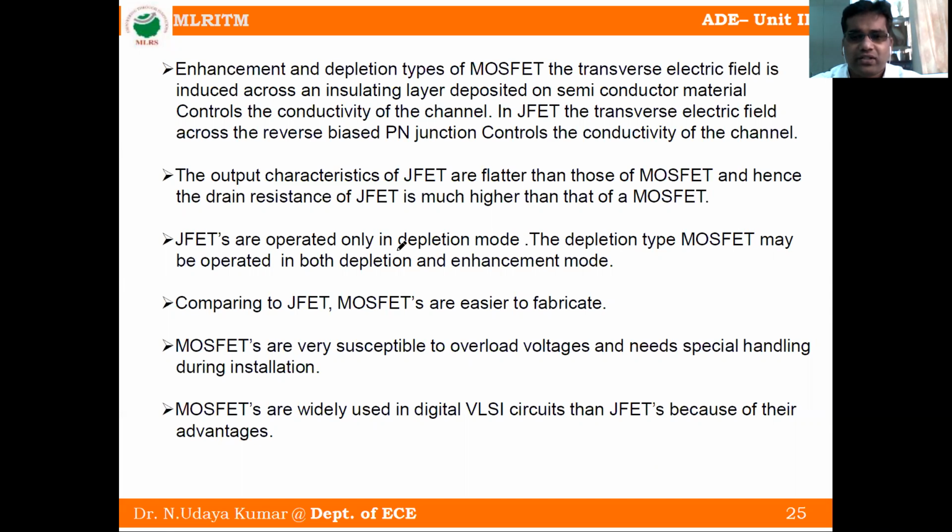Only a field is established in MOSFET, whereas in JFET, the transverse electric field across the reverse biased PN junction controls the conductivity of the channel. So in MOSFET, the conductivity is controlled by the field across an insulating layer deposited on a semiconductor, whereas in a JFET, the conductivity is controlled by a reverse biased PN junction.